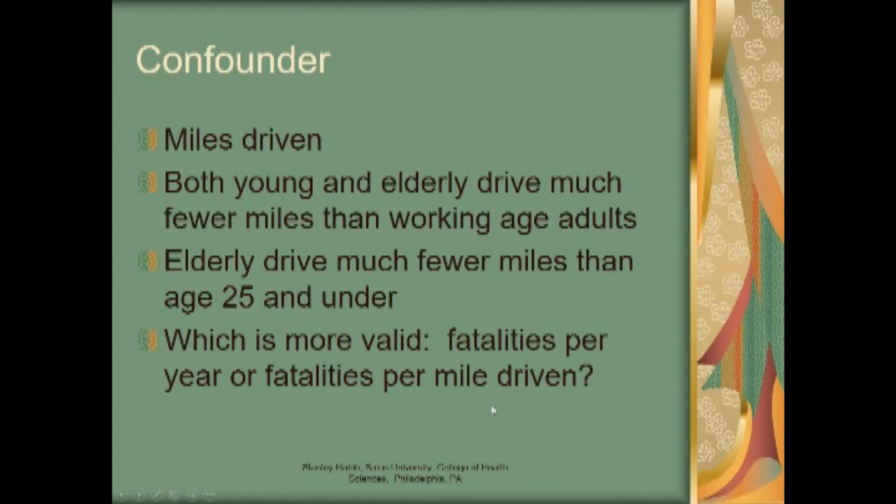So the confounder would be miles driven. Both young and elderly drive much fewer miles than working age adults, but the elderly drive even fewer than the age 25 and under. So I will leave it up to you to decide which is the more valid comparison, fatalities per year or fatalities per mile driven.